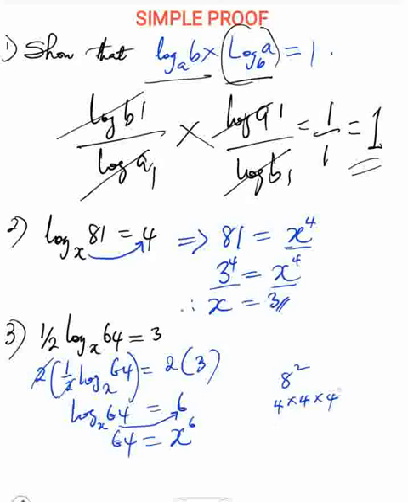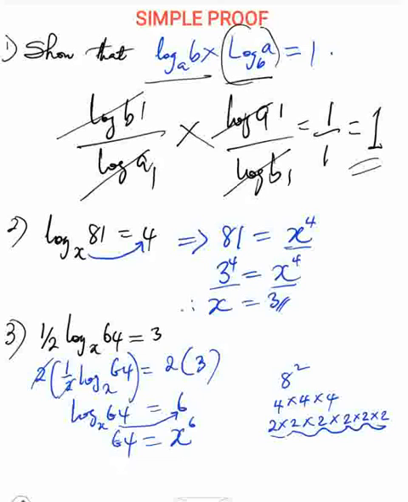But it's not up to 6. Okay, let's test 2. 2 times 2 times 2 times 2. 2 times 2, 4 times 2, 8 times 2, 16 times 2, we have 32 times 2, and that will give 64. So 1, 2, 3, 4, 5, 6.